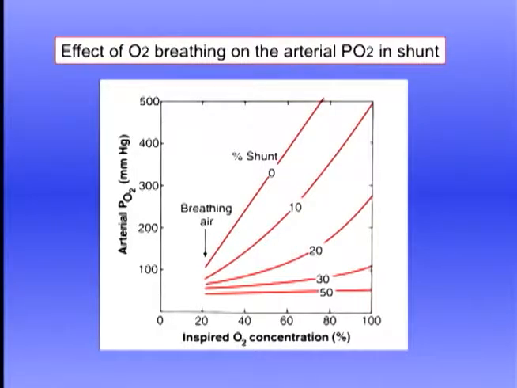There is a small increase in oxygen saturation, but the dissolved oxygen can be quite substantial if we go up to, say, 60–80% oxygen. So there is value in giving a high inspired oxygen concentration to patients with a shunt.